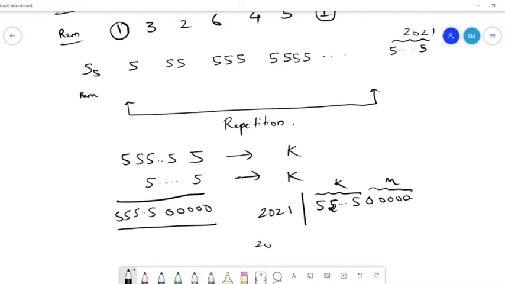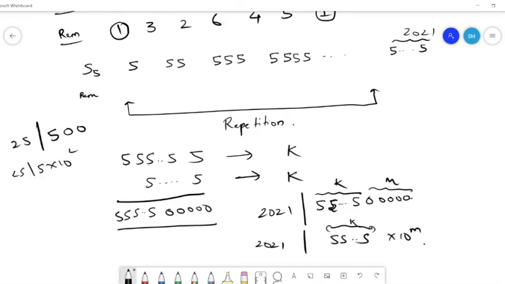We know that 2021 divides 5555 into 10 power m. Here, 25 into something is equal to 500. This is the meaning of 25 divides 500.